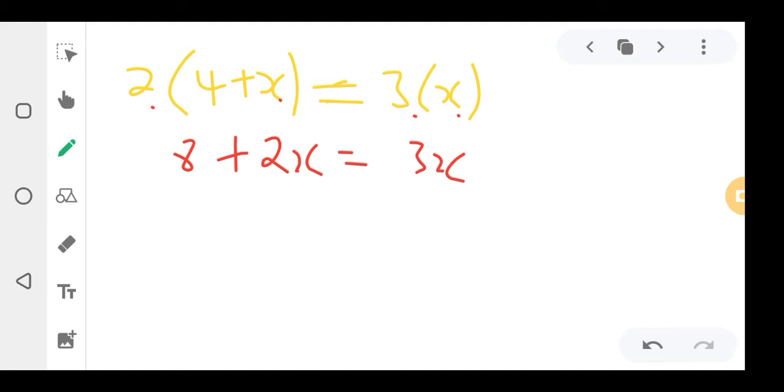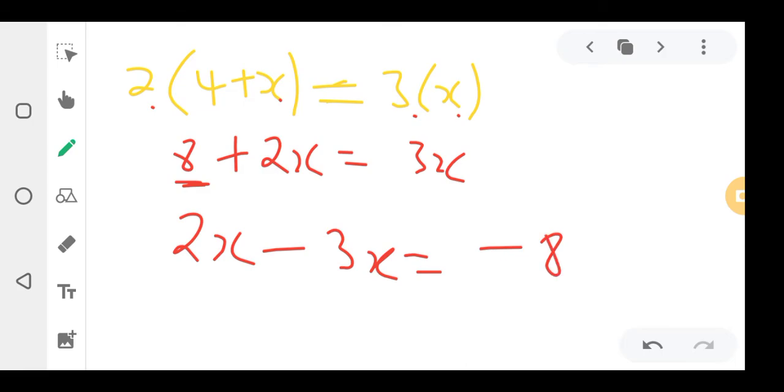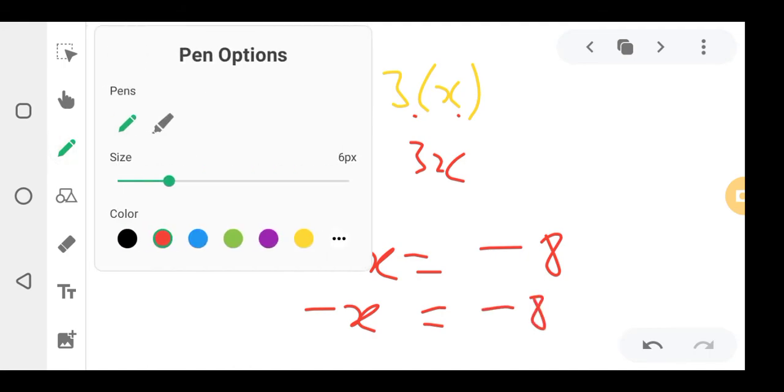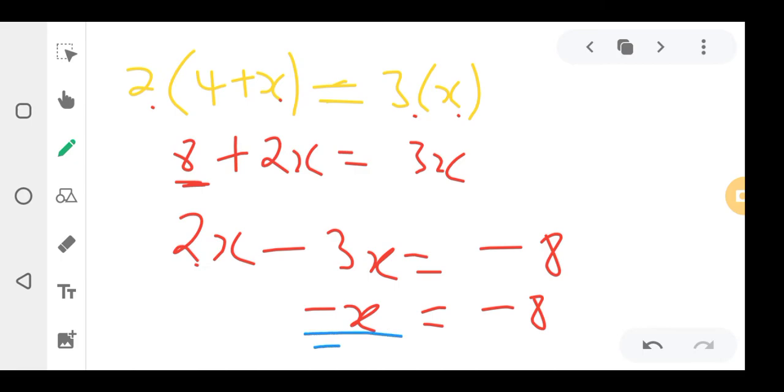So you group the like terms. You know how to do this. So it is 2x. This is positive 3x; when it crosses, it becomes minus 3x, is equal to 8. The 8, when it goes this side, becomes negative 8. So 2x minus 3x is negative x, equal to negative 8. Divide by negative 1 this side, divide by negative 1 this side.